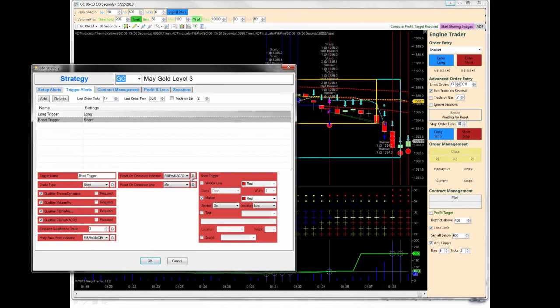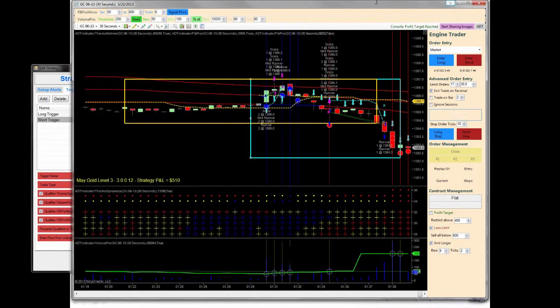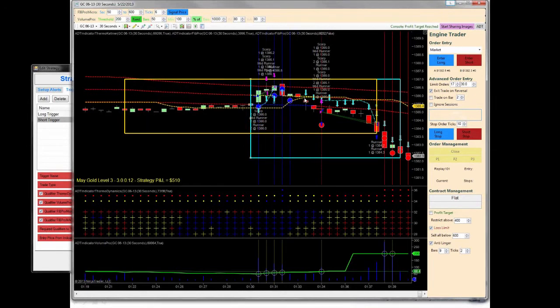The short resets, I think it's the same, FibPro macro, the midline. And what that means to me over here is the gold rectangle and the gold dashed line indicate what's happening with the FibPro macro. The price has to get all the way back above this line before the robot resets itself. So it's not going to take any trades.